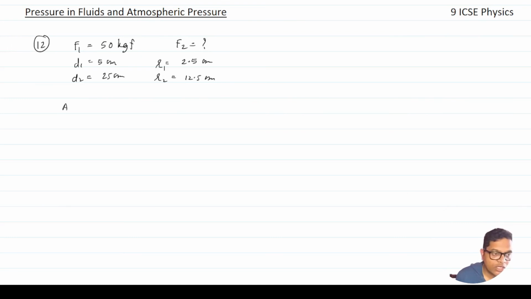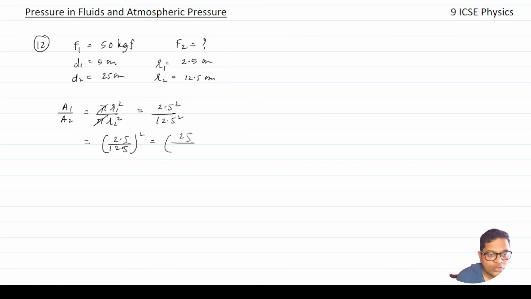Like we did in the previous question, if you want to calculate the ratio of area separately, this will be pi r1 squared and pi r2 squared. So this is getting cancelled, and this is 2.5 squared and this is 12.5 squared.